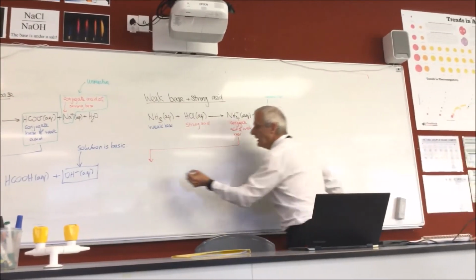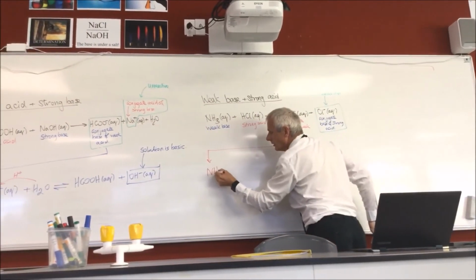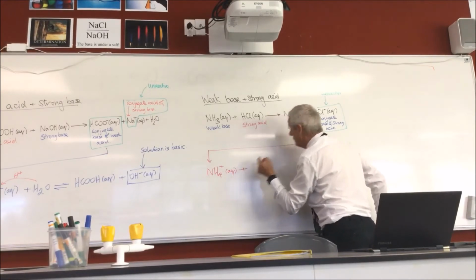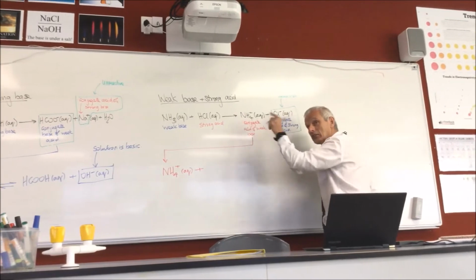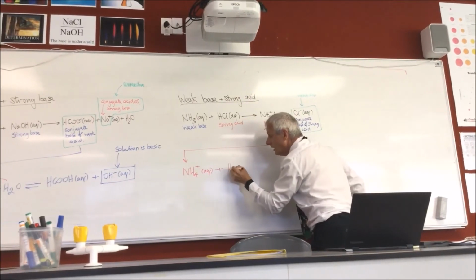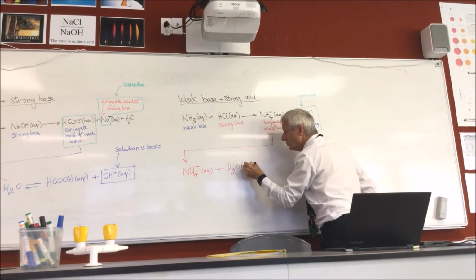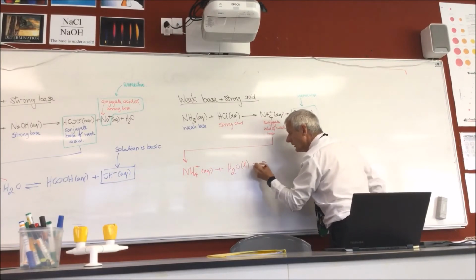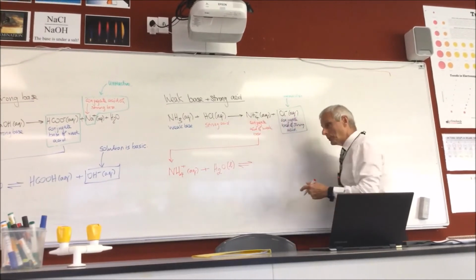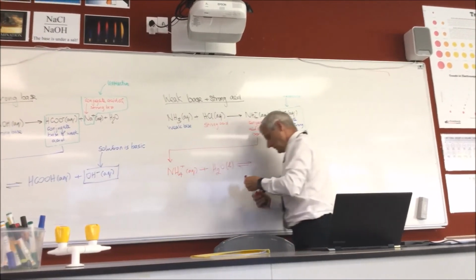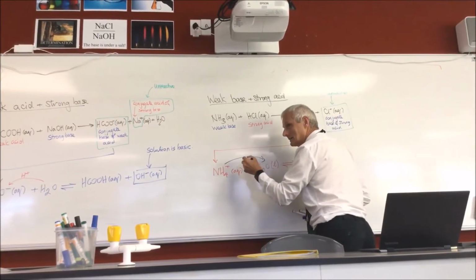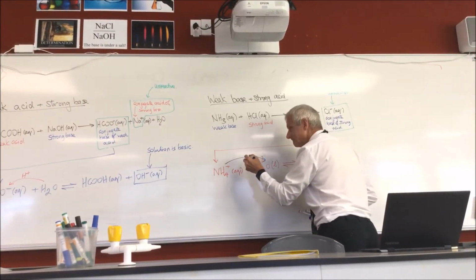So, if we start with NH4+ in solution, it's the conjugate acid. Acids donate protons. Okay? And so, if we look at a suitable water molecule that's floating around nearby, an ammonium cation will donate its proton, so it's going this way this time.